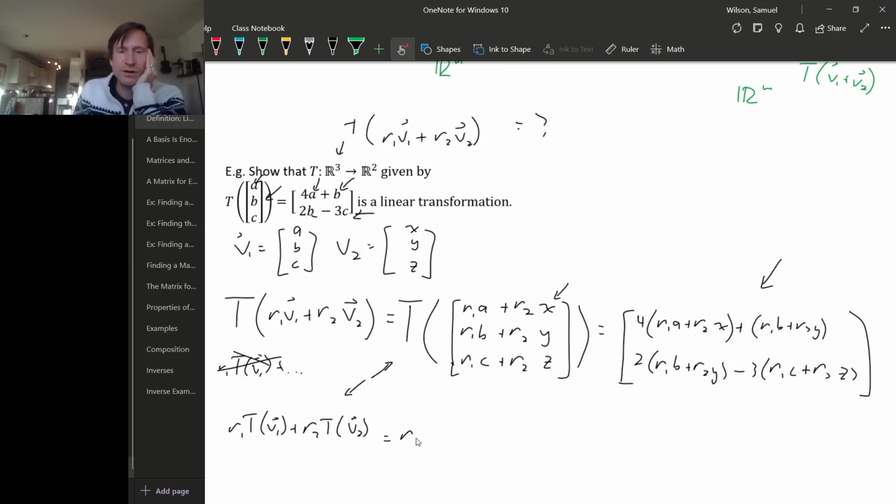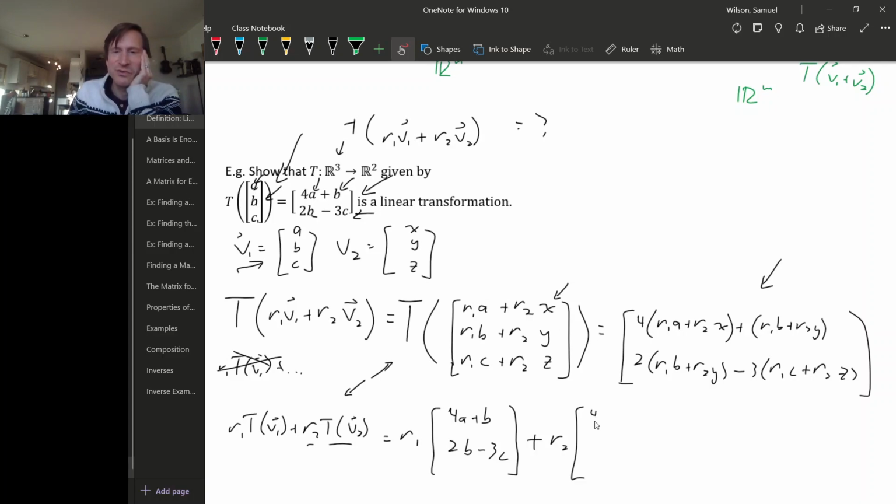R1 times T of V1: we can just use the formula for T applied to V. We get 4A plus B and 2B minus 3C, plus R2 times T of V2. We use this formula again, but it's X, Y, Z instead of A, B, C, so 4X plus Y and 2Y minus 3Z.